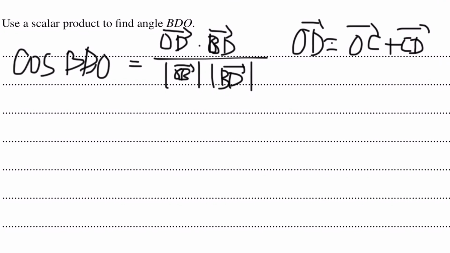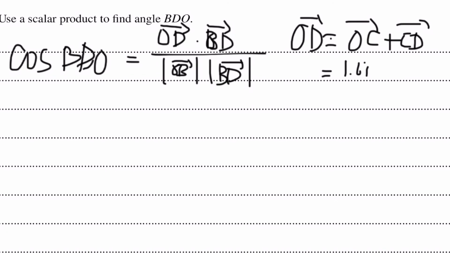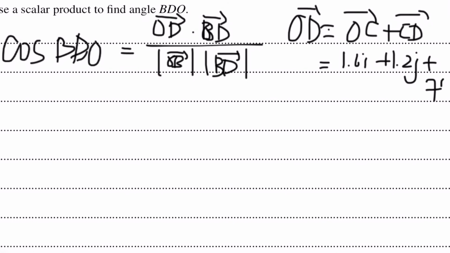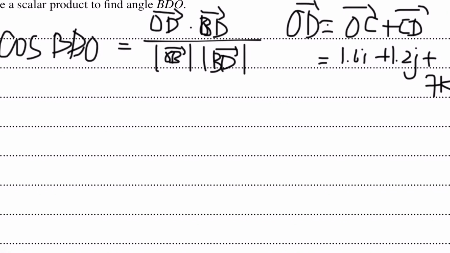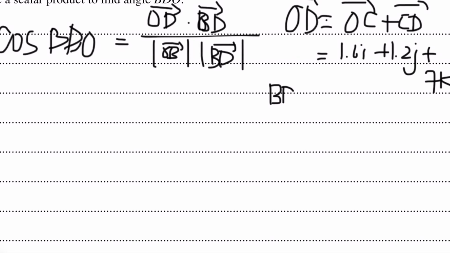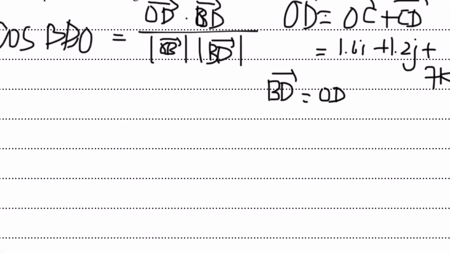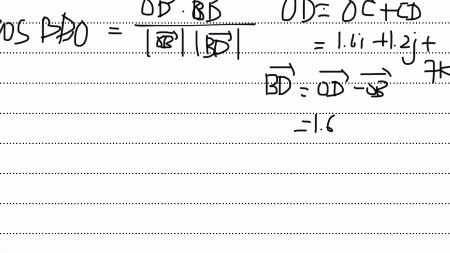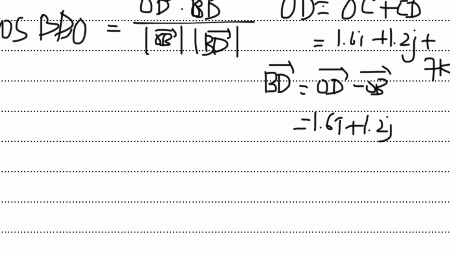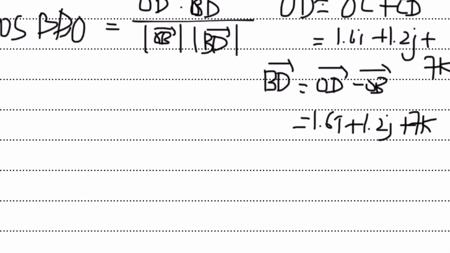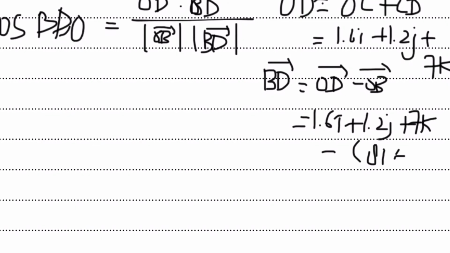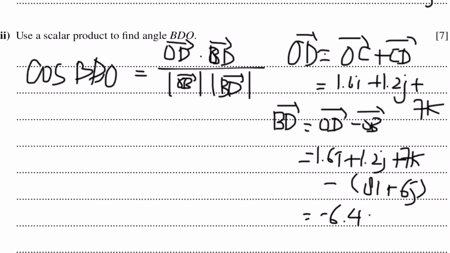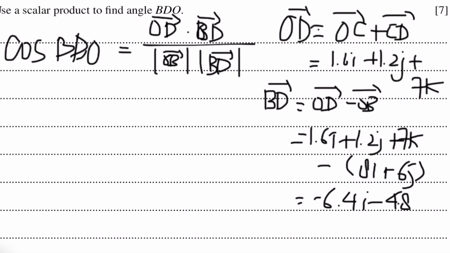That is equal to 1.6i plus 1.2j plus 7k. And you don't know BD yet, so BD is OD minus OB, which is 1.6i plus 1.2j plus 7k minus (8i plus 6j). This will give you negative 6.4i minus 4.8j plus 7k.